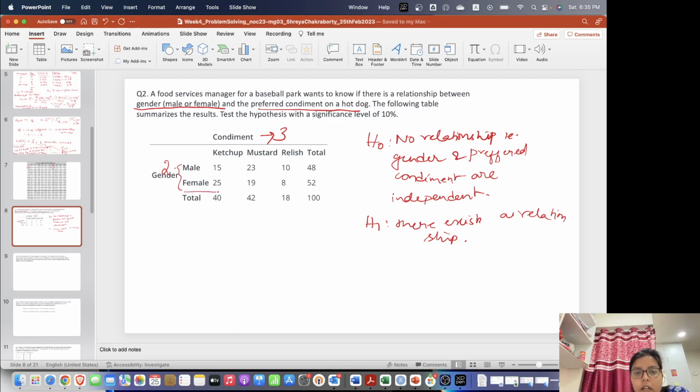We have the row totals and the column totals here. So under H naught, if actually these two were independent, then we would have the expected numbers as this. So this is gender, this is male, female.